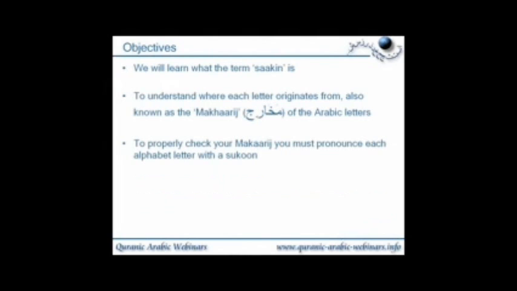And to properly check our makharij, you must pronounce each alphabet letter with sukun. So this is a known methodology for practicing the makharij, i.e. where the letter or the point of articulation of a letter comes from.